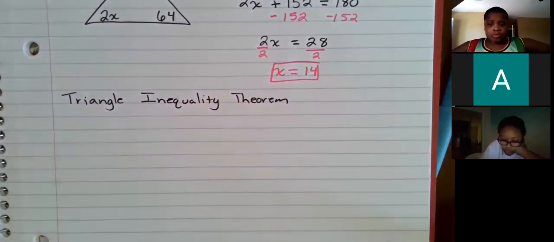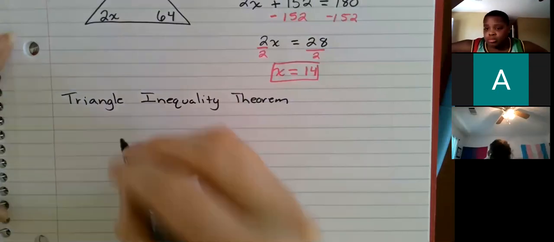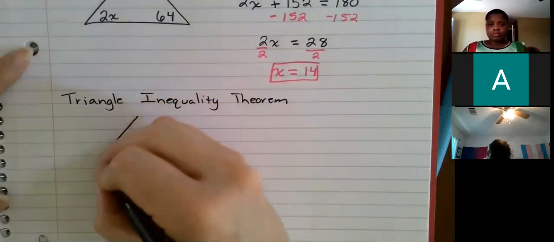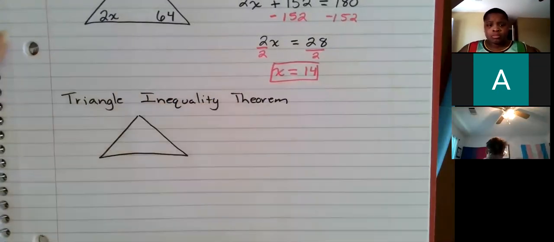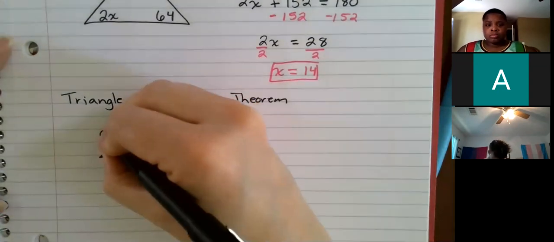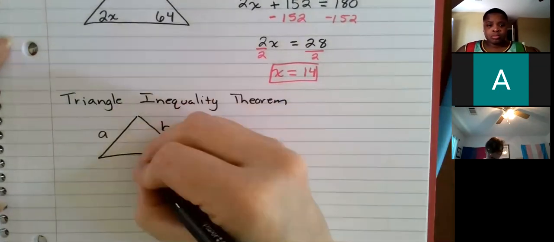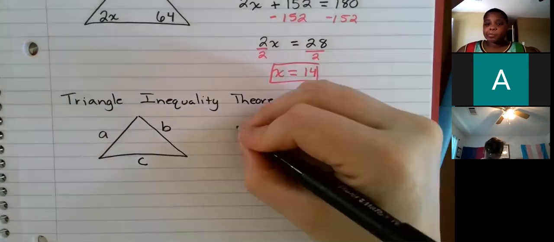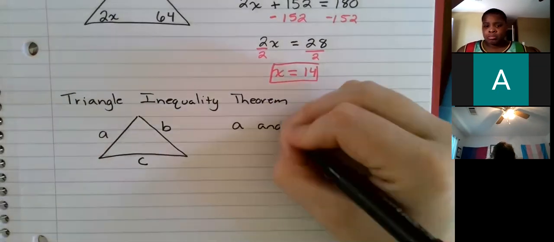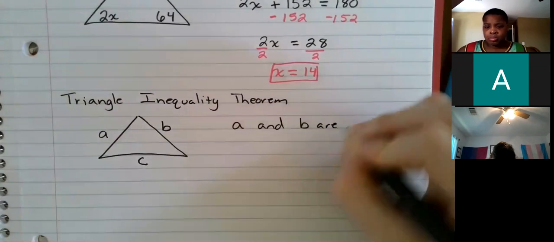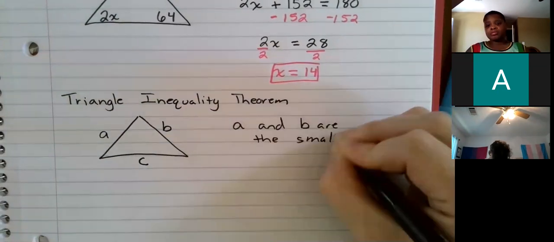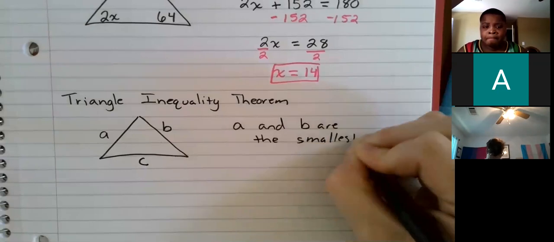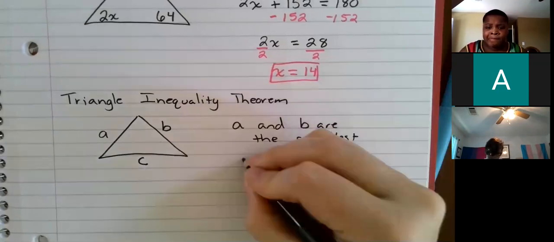It has everything to do with the side measurements. So if we've got a triangle, let's say this is A, this is B, and this is C, and A and B are the smallest sides, C is the largest.